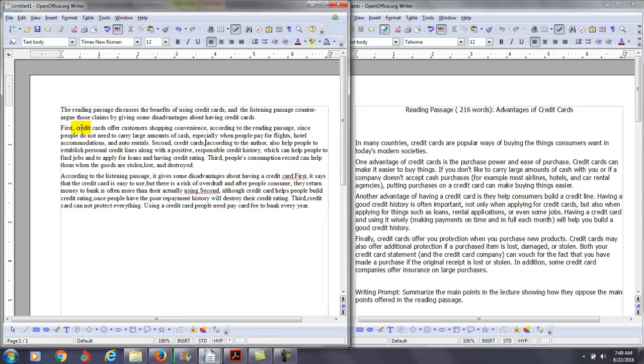Second, credit cards, according to the author, also help people to establish credit lines, along with a positive, responsible credit history, which can help people to find jobs and apply for loans. Okay, I think we're okay here. We got third, people's consumption records can help them when the goods are stolen, lost, or destroyed.